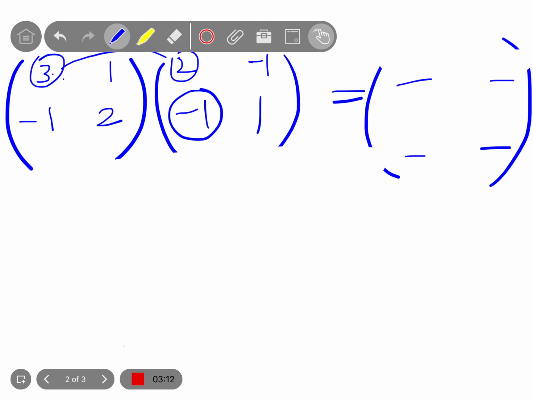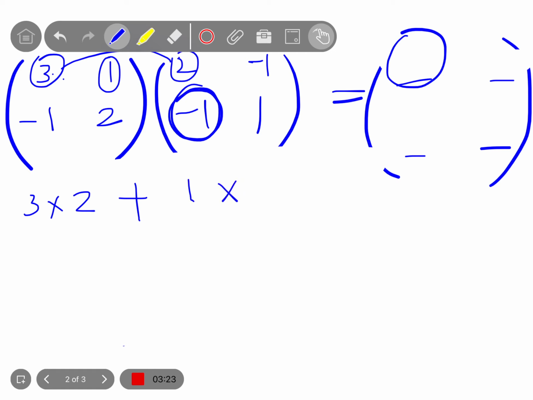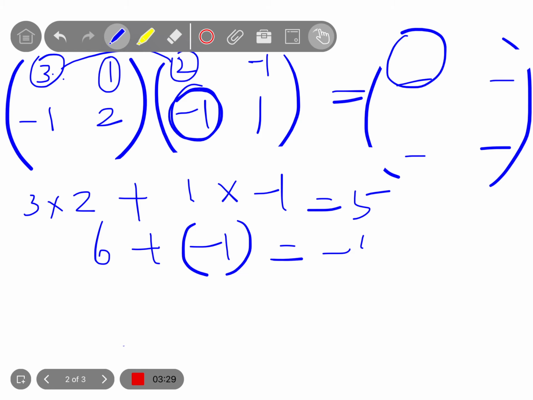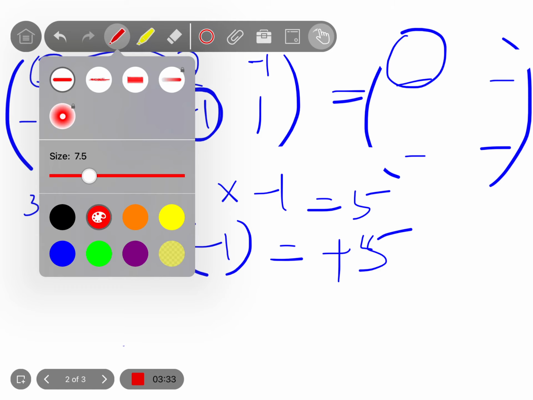The first value is 3 times 2 plus 1 times minus 1, that is equal to 5, because this is 6 plus minus 1, which becomes 5. So this value is actually 5.